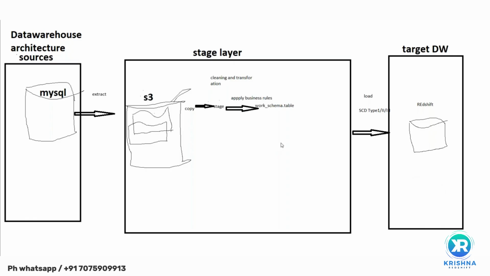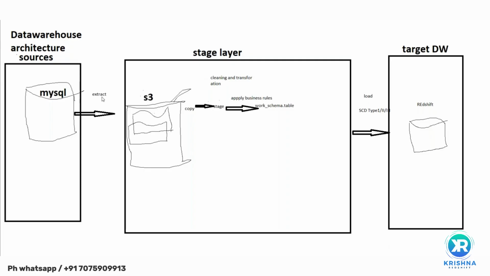Okay, cool. So the point is, this is the standard architecture that has been going on since IT and the data warehouse came into the world. This is all called sources, this is the stage layer, and this is the target data warehouse.